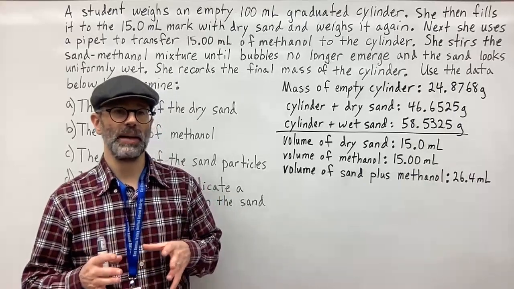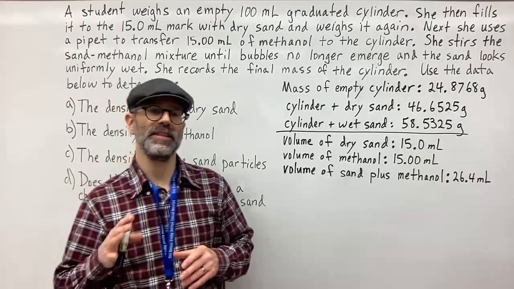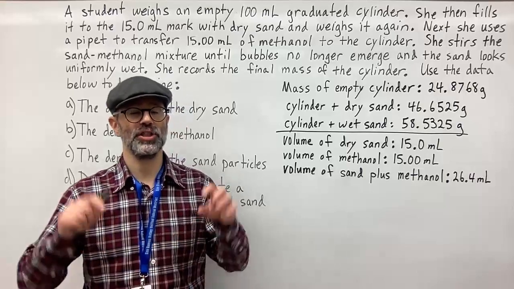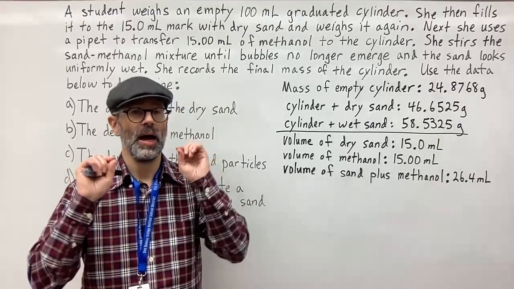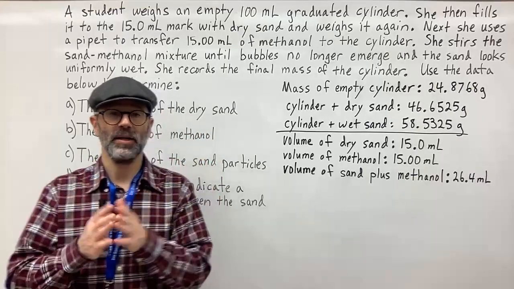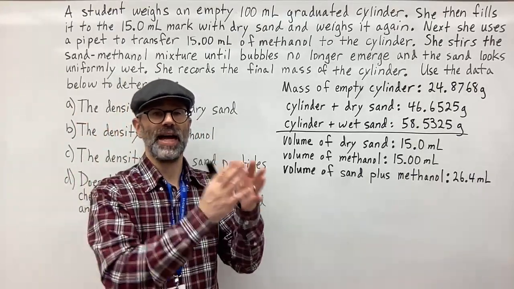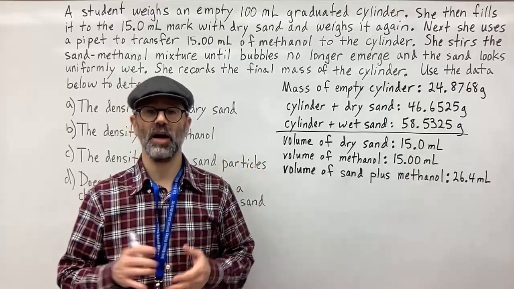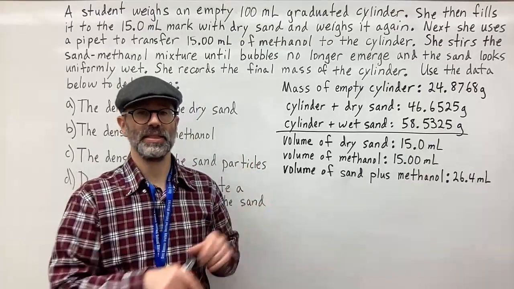Next, she uses a pipette and transfers 15 milliliters of the methanol. She's using a 15 milliliter pipette. That's important to understand. So she's transferring exactly 15.00 milliliters of the methanol to the graduated cylinder.